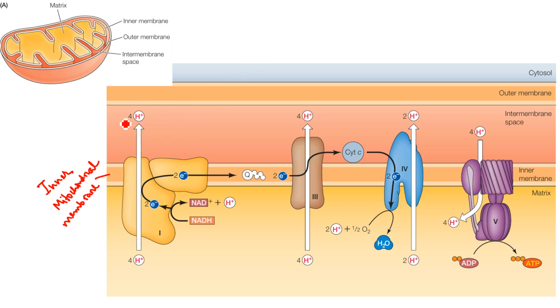This is the inner mitochondrial membrane, this is the outer mitochondrial membrane, and this is the intermembrane space. As I was just mentioning, the inner mitochondrial membrane has the proteins involved in the electron transport chain. There are different protein complexes: complex 1, complex 3, complex 4, and another, complex 5.